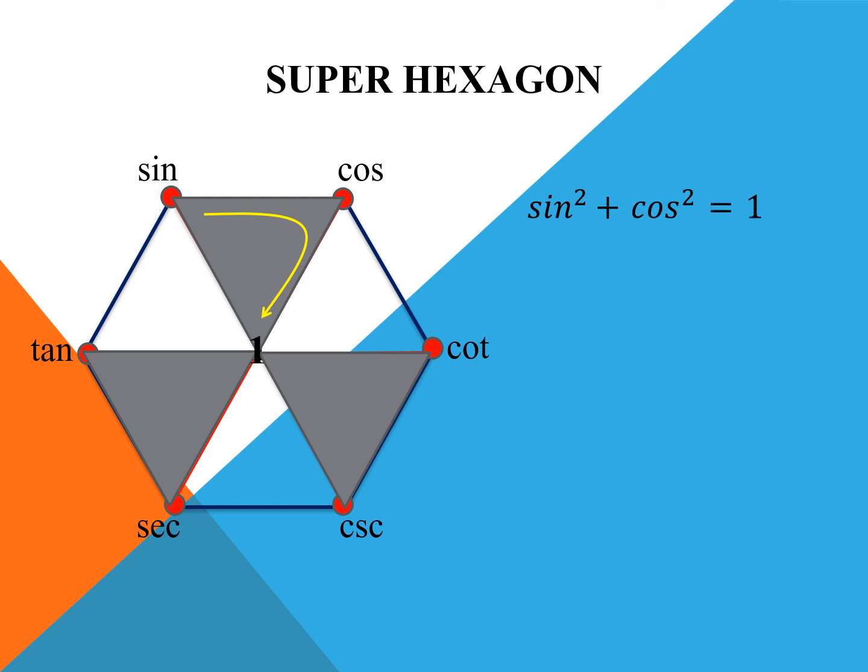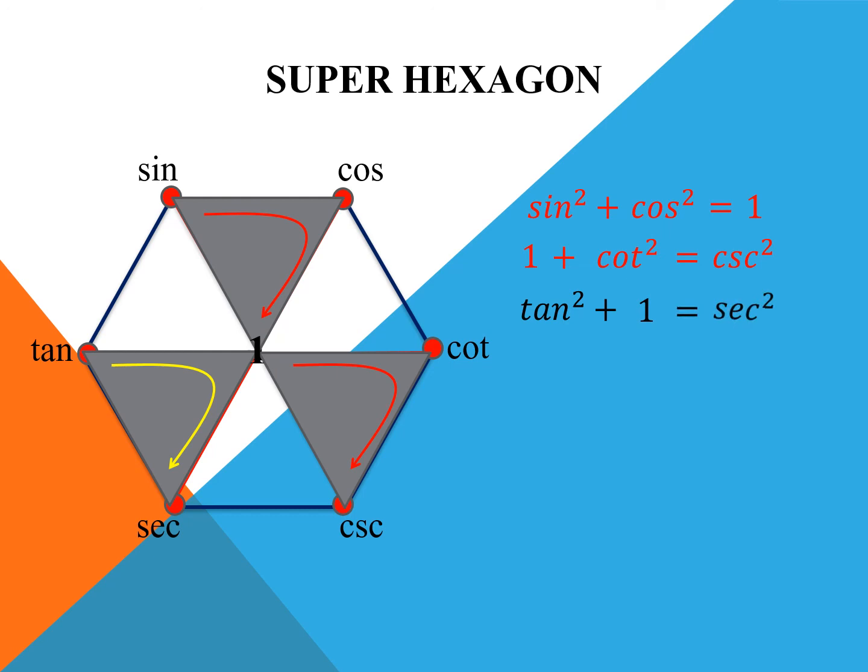We can read it as sine squared theta plus cosine squared theta is equal to 1. 1 plus cotangent squared theta is equal to cosecant squared theta. Tangent squared theta plus 1 is equal to secant squared theta. That is clockwise direction.